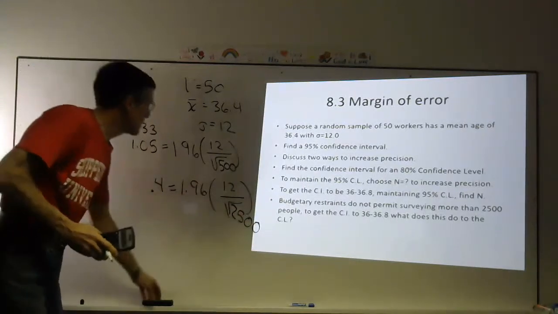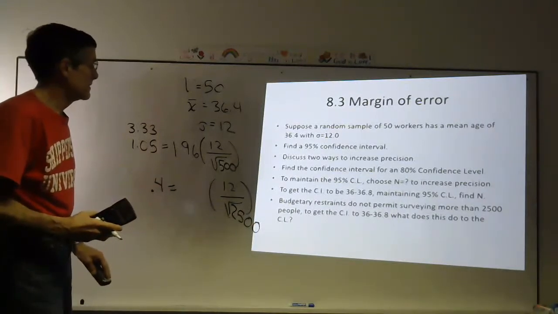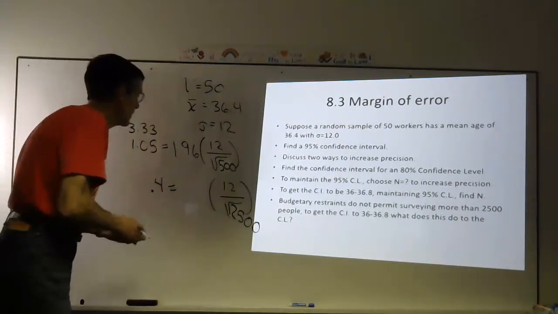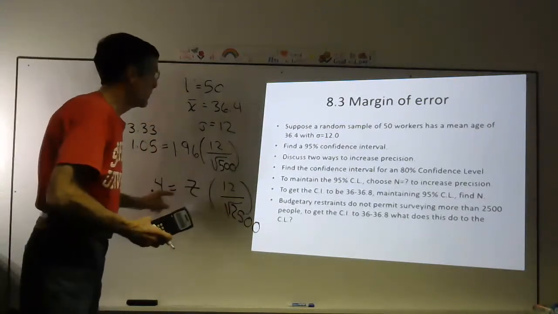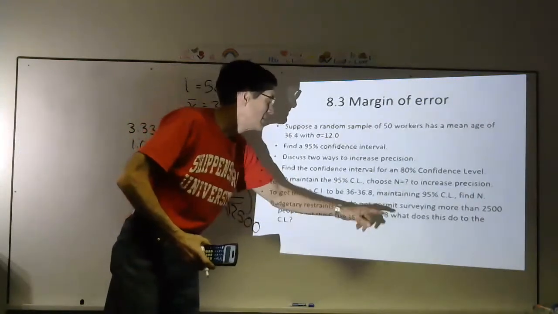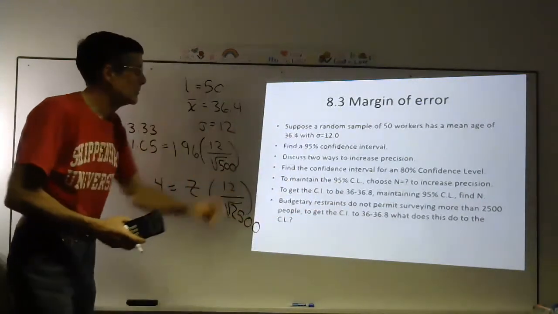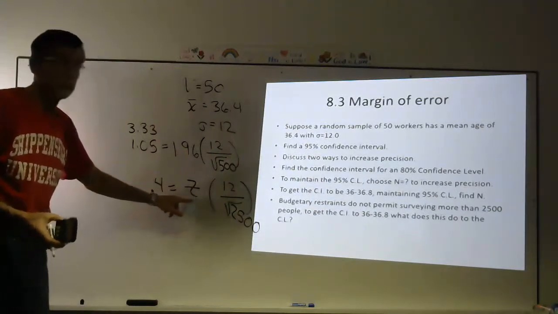What happens to my confidence level? Okay, the Z value. What happens to that if we want to maintain this amount of precision and we can't use more than 2,500 people? Okay, so we need to solve this for Z.